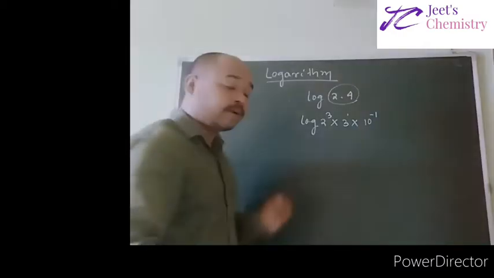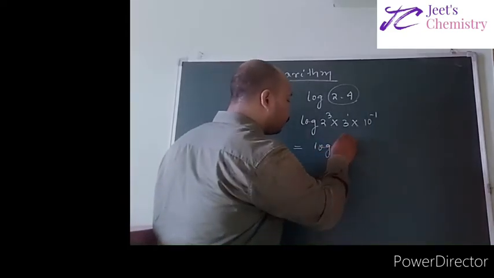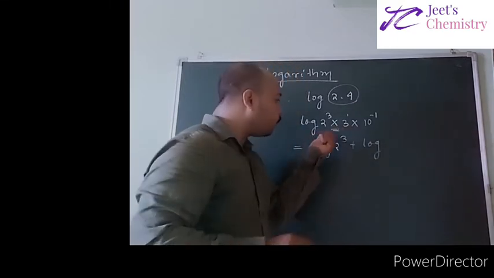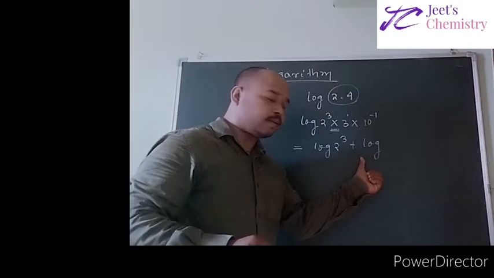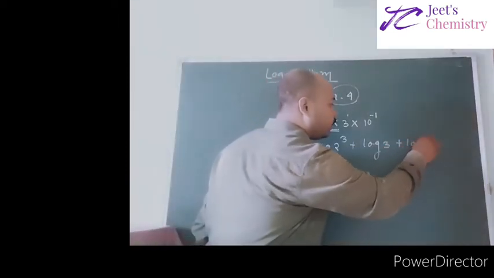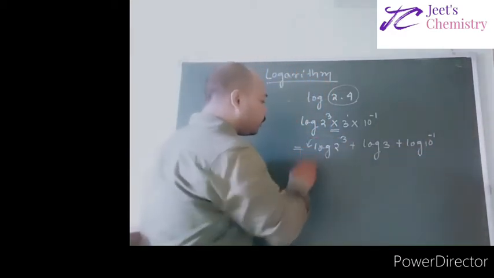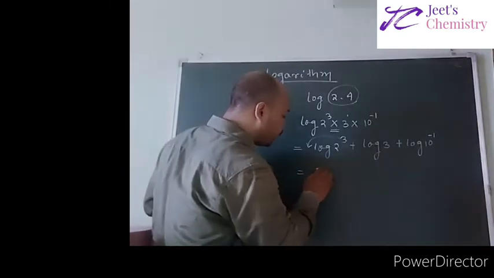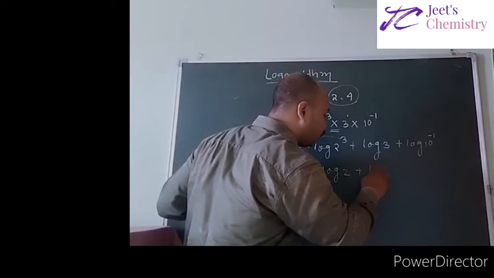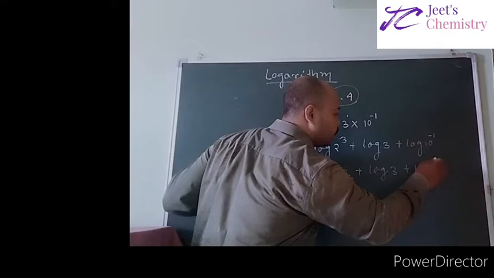Now separating these values, log 2 to the power 3 plus log 3 plus log 10 to the power minus 1. I told you log m into n is log m plus log n. And the power should be multiplied here, so that is 3 log 2 plus log 3 plus log 10 to the power minus 1.